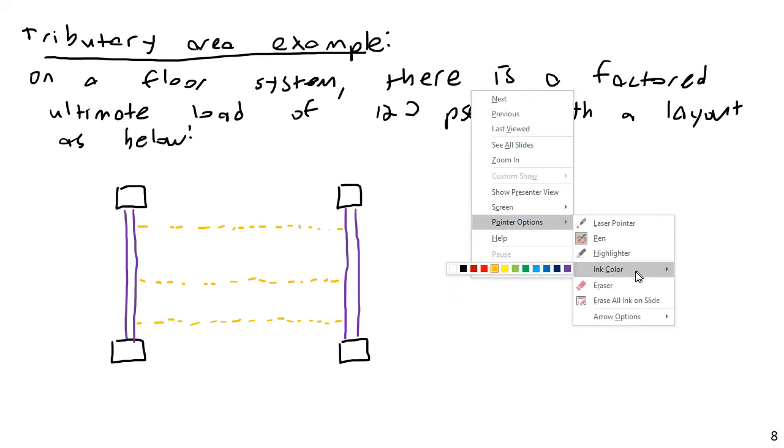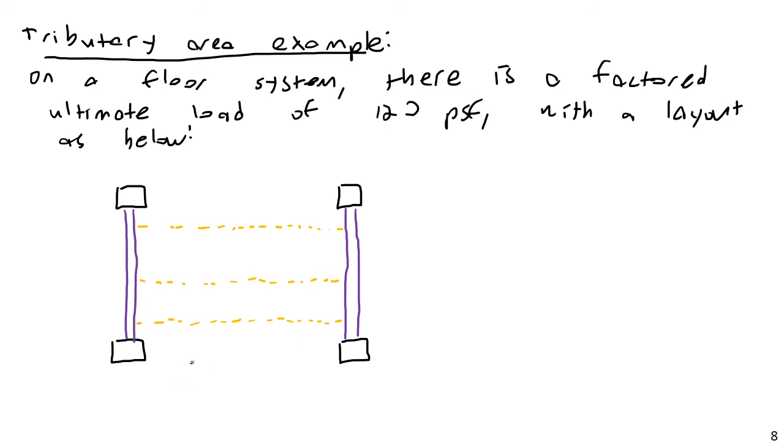Okay, so let's have some dimensions on here. Let's say this is, maybe let's make this 12 feet. I'll try to keep from reusing the same dimensions. This is not to scale, definitely not to scale.